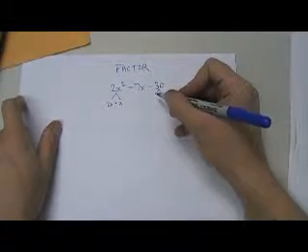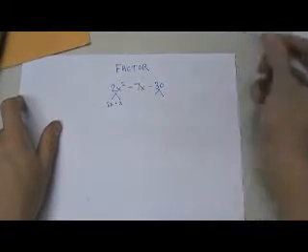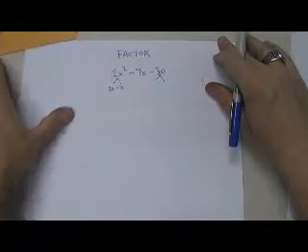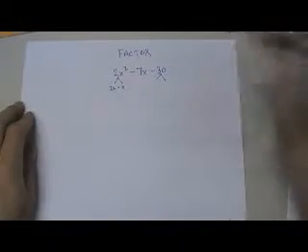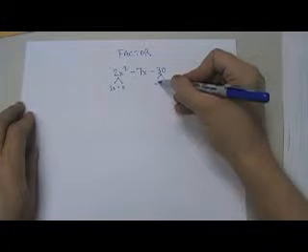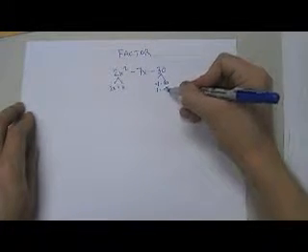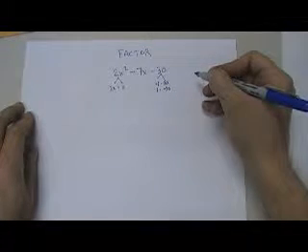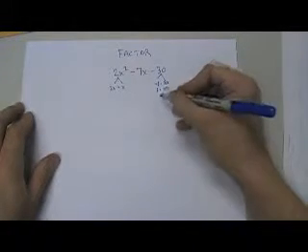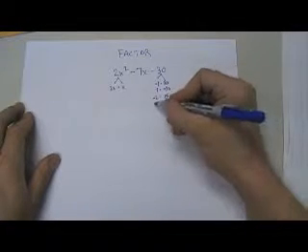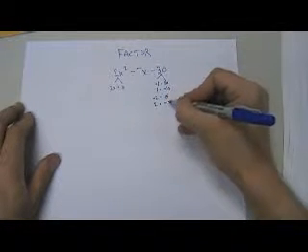Well, I have lots and lots of factors, and I'm going to list them all because it's a good practice. Doesn't mean we're going to use them all, but we're going to list them all. So negative 1 and 30, 1 and negative 30. Okay, then negative 2 and 15, 2 and negative 15.